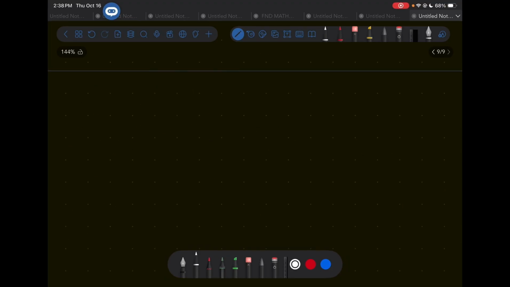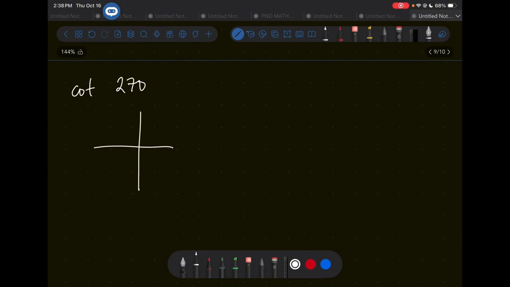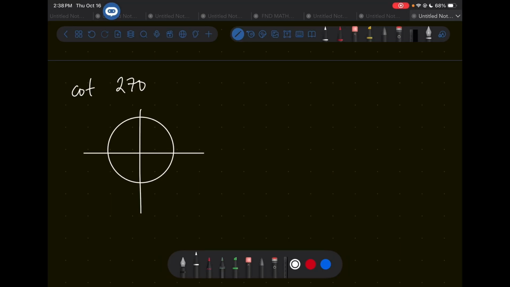So let's have an exercise. What is cotangent 270? Now, referring to your unit circle and your Cartesian coordinate plane, 270 is over here. So we know that the y component is going to be -1 and your x component is 0.